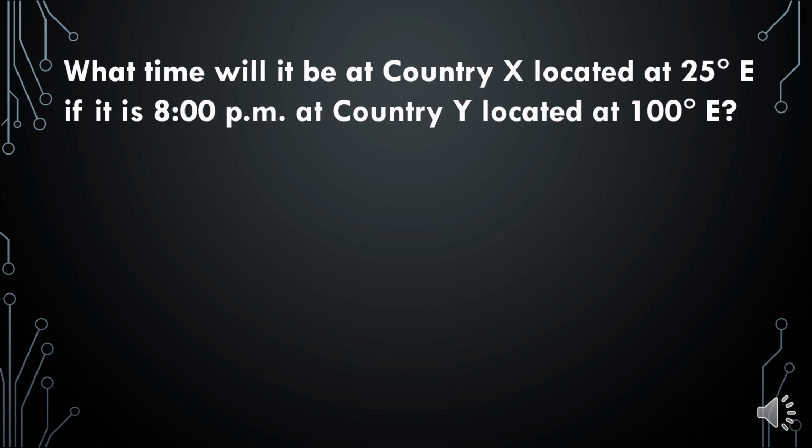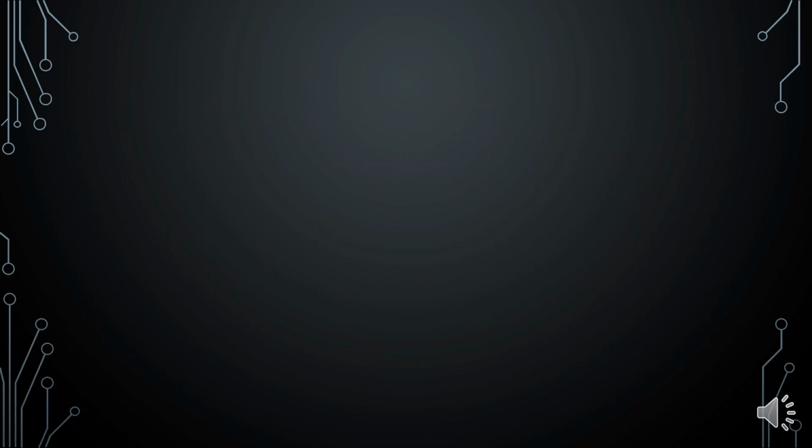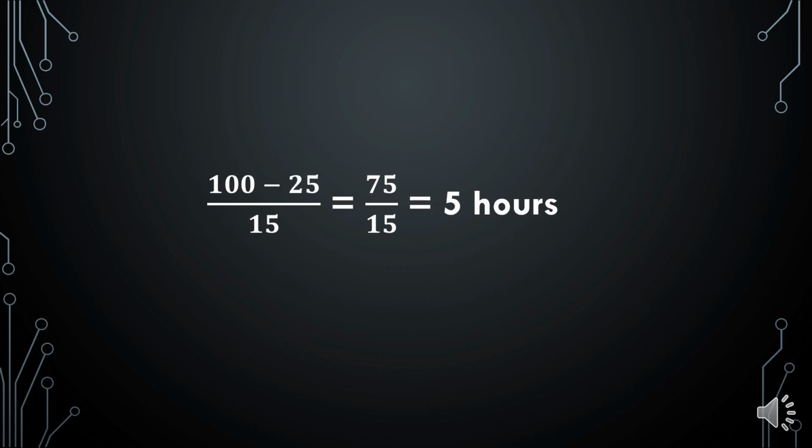Alright, let us test that scenario once again. What time will it be at country X, located at 25 degrees east, if it is 8 p.m. at country Y, located at 100 degrees east? 100 minus 25 all over 15 gives us 75 over 15. We divide the 75 by 15 and we get 5 hours.